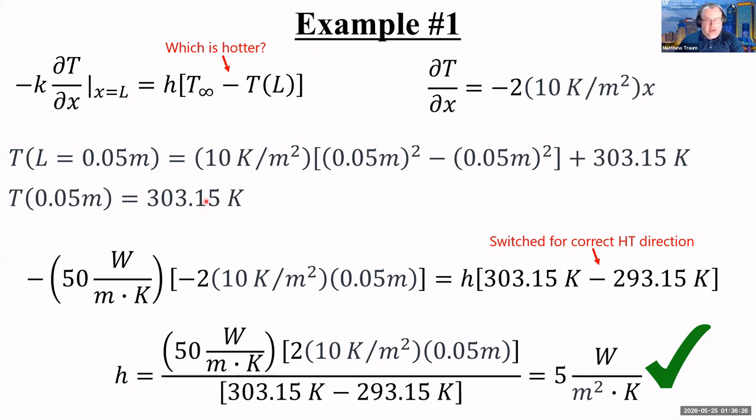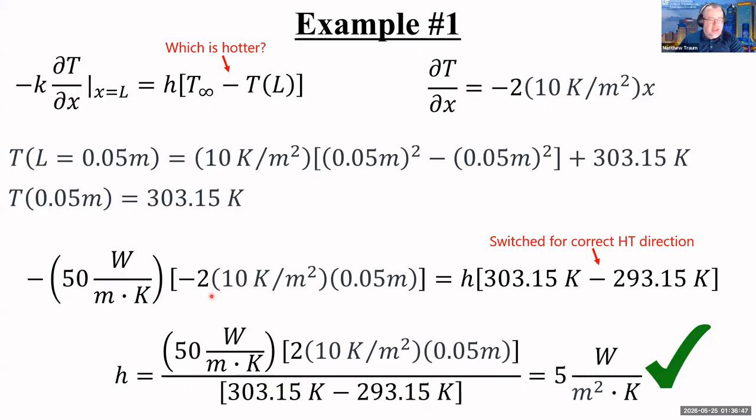Okay, so now I've got that temperature, and I can then plug that value in for this T of L in my convection side of the equation. And I already know everything from the conduction side, right? I solved K in the previous part. So here's that 50 watts per meter Kelvin from the previous part.